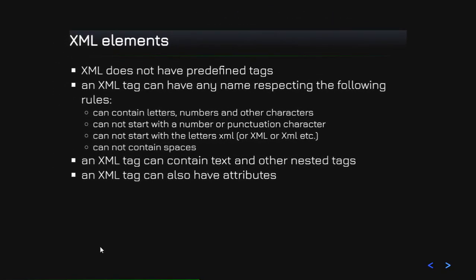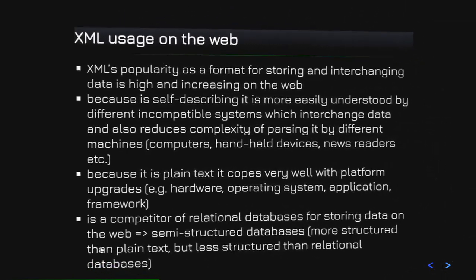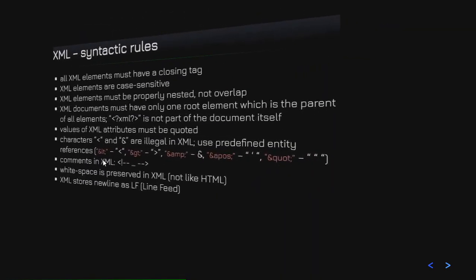XML elements. So XML does not have predefined tags. By the way, as you've seen in the previous example, I have this example, which contains collection, book. These are not predefined.